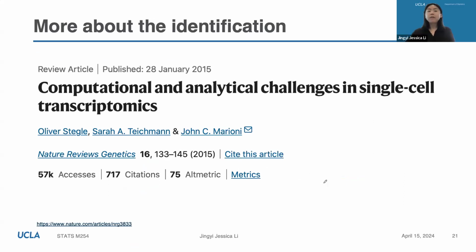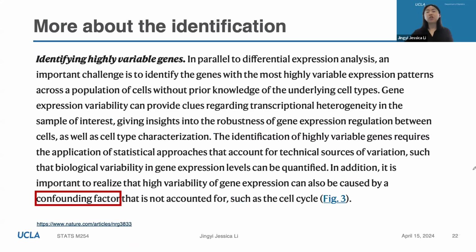Okay, and there was an old review paper, 2015. At that time, single cell was still a very new technology, about the challenges. And there was one section about identifying highly variable genes. So let's look at the perspectives here. It offers a different perspective.